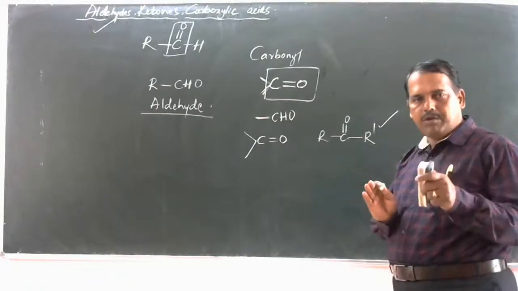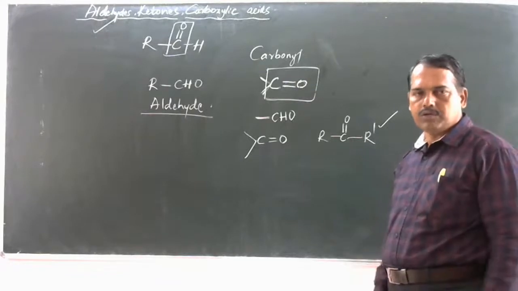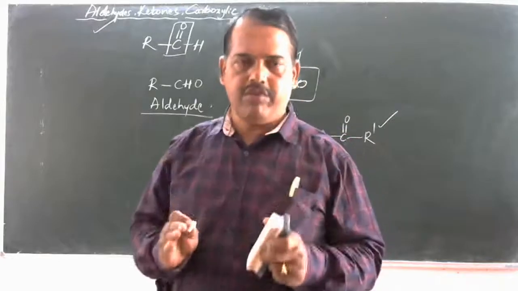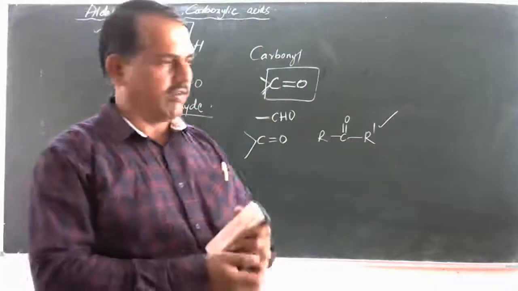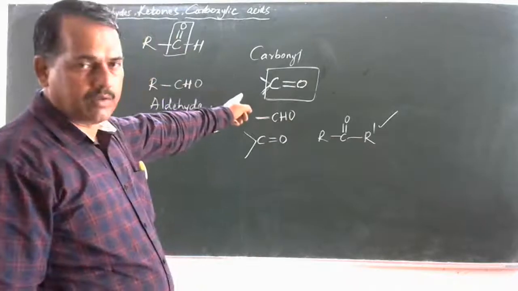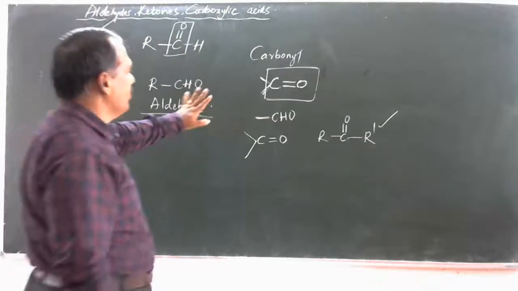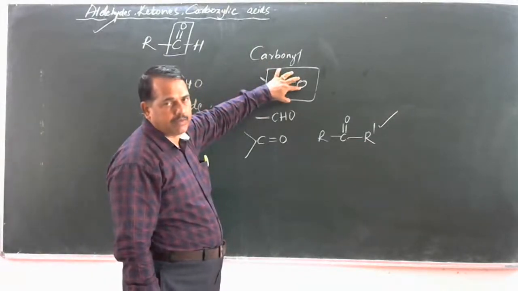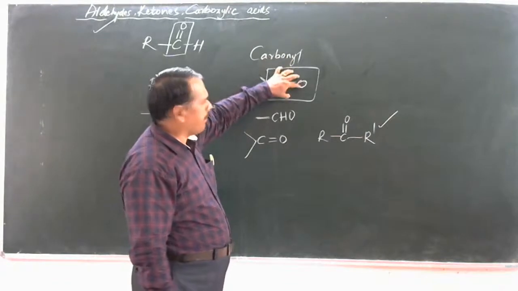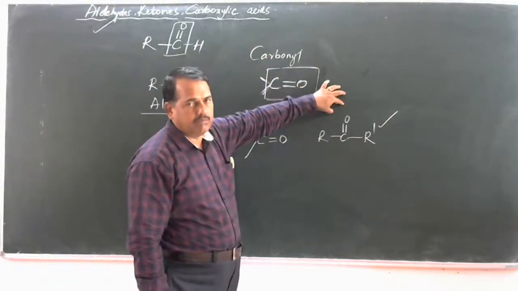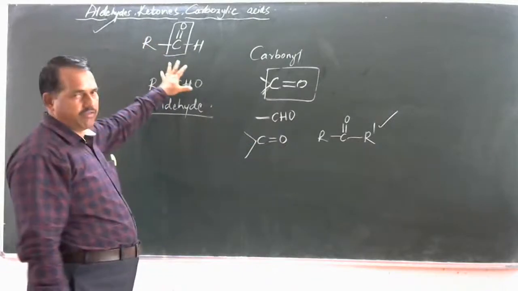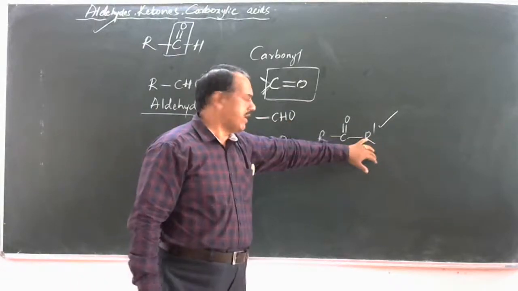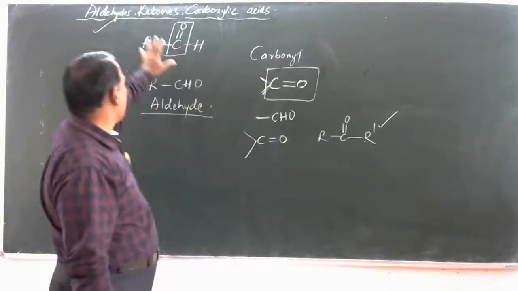The general group present in aldehydes, ketones and carboxylic acids is the carbonyl group. Dear students, you have to concentrate on the carbonyl. If the carbonyl group is attached to a hydrogen atom, such compounds are called aldehydes. If it is attached to two other carbon atoms of alkyl or aryl groups, they are called ketones.